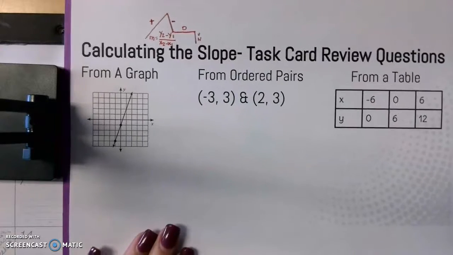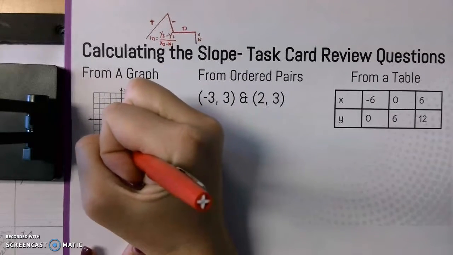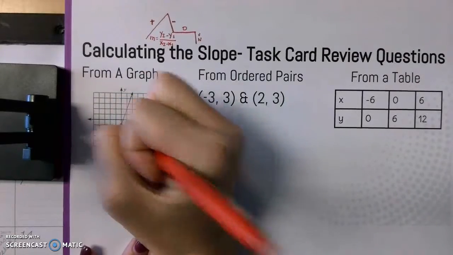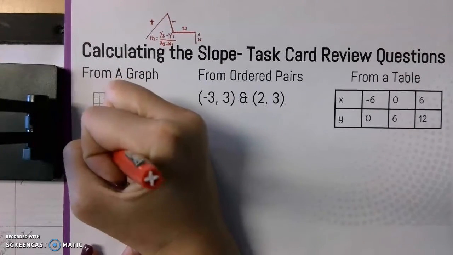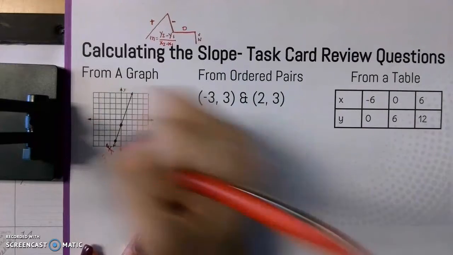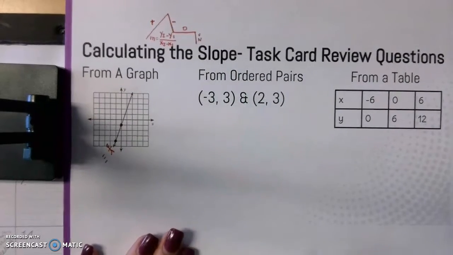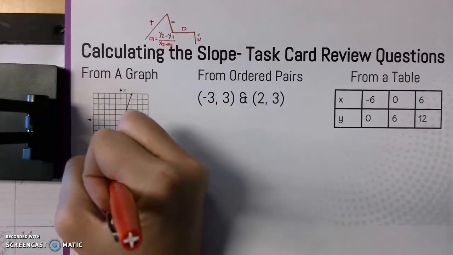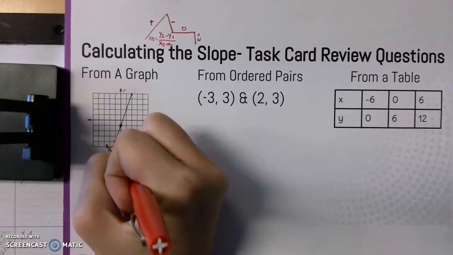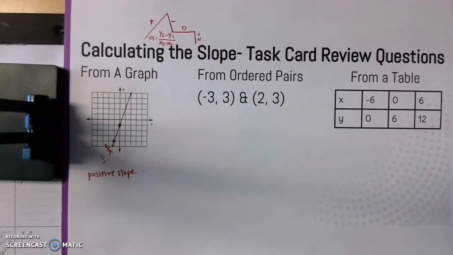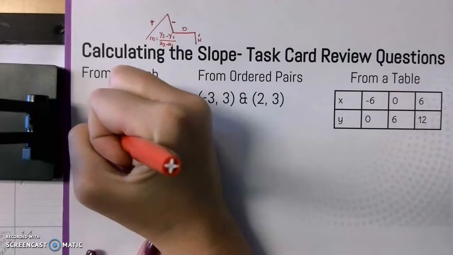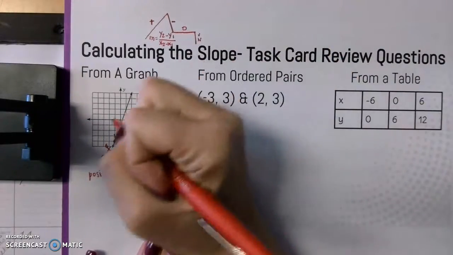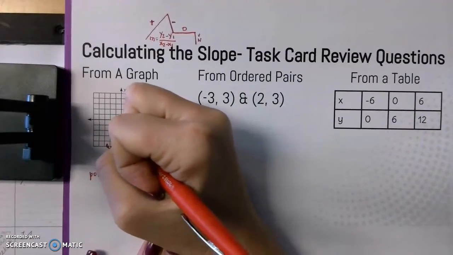Now, coming from a graph, we're going to need to identify our 2 points that we're going to find the slope between. I could draw Slope Dude on this line. He would be going up this mountain, so we know that it's going to be a positive slope. From there, I'm going to count. So I'm going up 1, 2, 3.